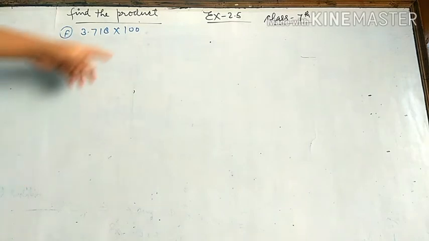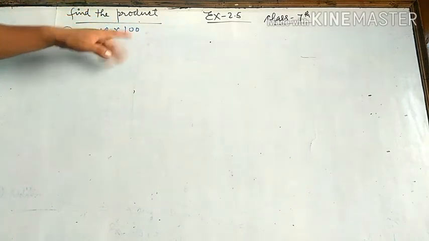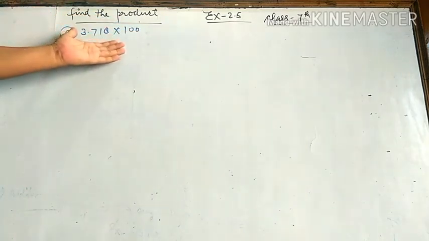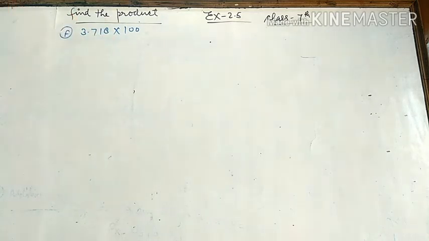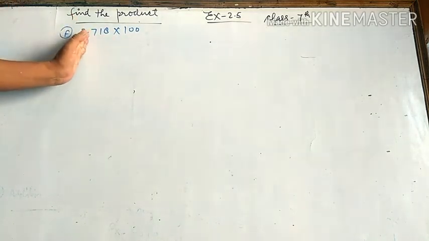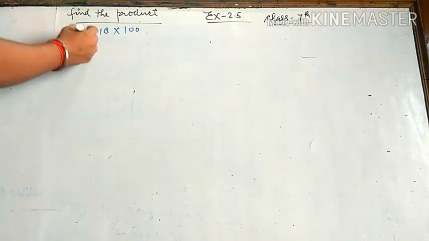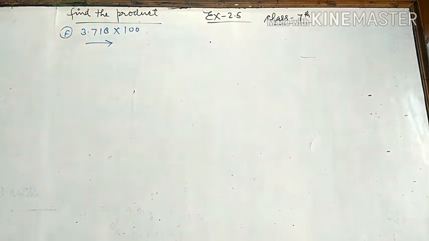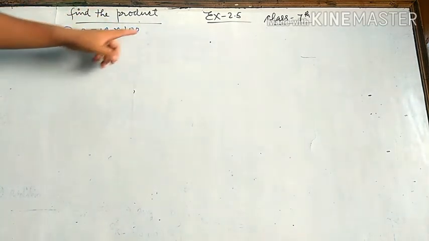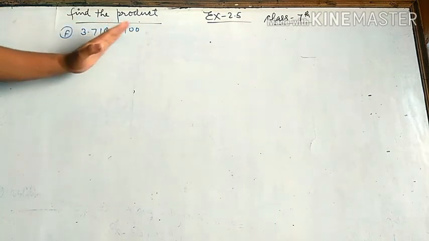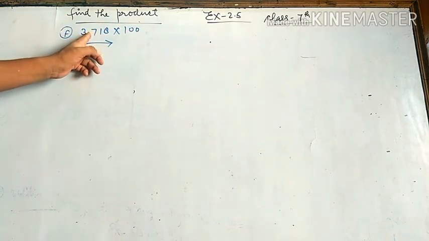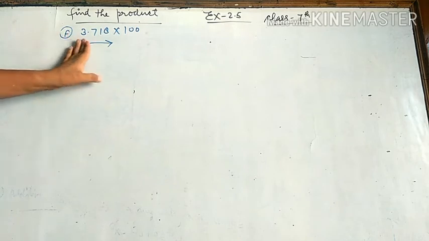Multiplying by 10, 100, 1000, 10,000. In this type of question, we don't have to solve anything, just shift the decimal to the right side according to the number of zeros. There are 2 zeros, so we will just shift the decimal to the right 2 places.